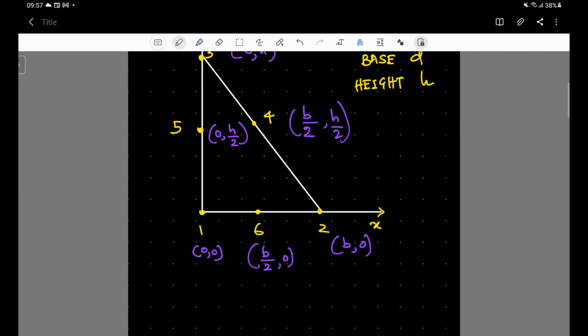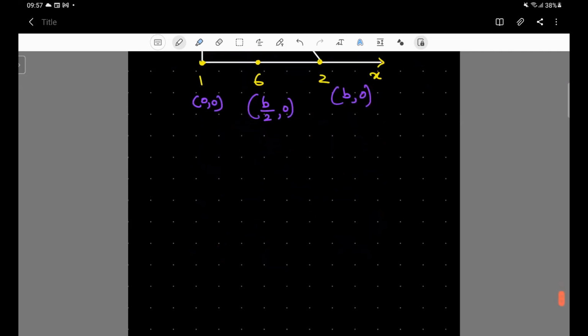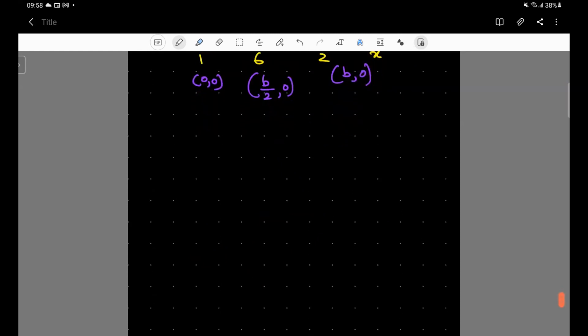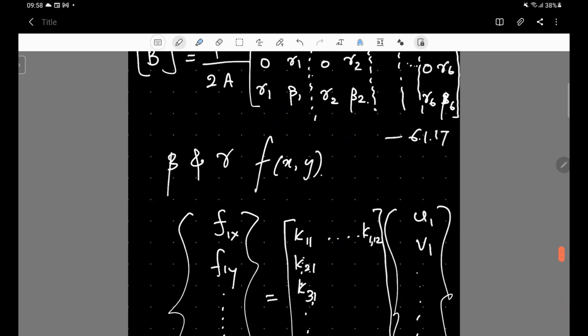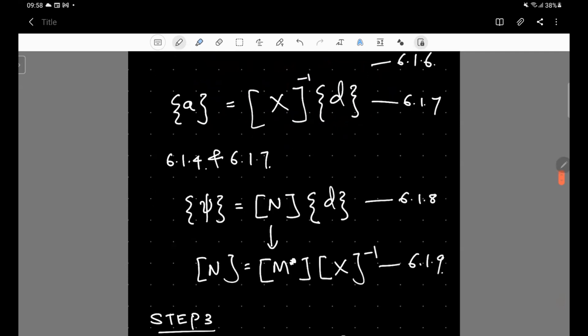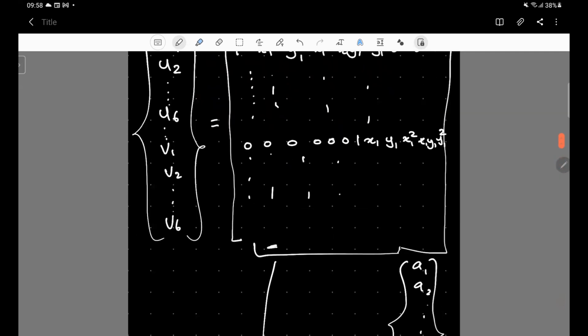Okay, so since we already know the nodal coordinates of each node, what we can do is use equation 6.1.5.